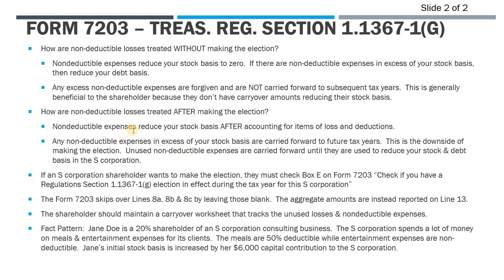But if you have non-deductible expenses in excess of your stock basis, those excess non-deductible expenses do not disappear. You have to keep rolling them forward until you have enough basis to use them. That's the problem. If these non-deductible expenses reduce your basis to zero and you have extra, they follow you forever until you use them. That's generally not a good thing. We don't want to do that.